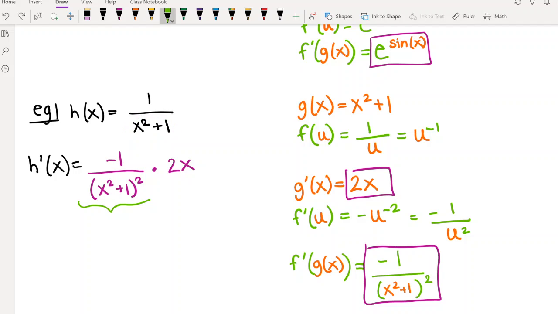You're leaving that as it is and just doing the derivative around it, pretending that x squared plus 1 is just x or just u, and treating it normally. So this is our outer derivative. And then after that, we have to multiply by the derivative of the inner function, and so that's this part. The derivative of that part is here.